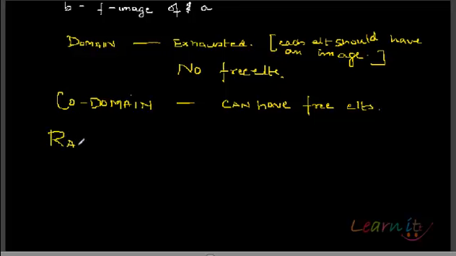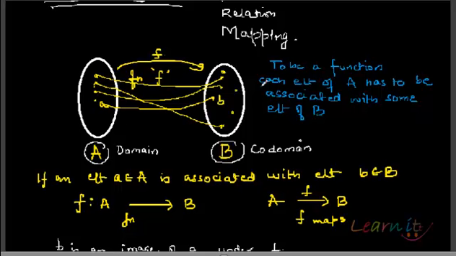Okay. So to be more precise, in a function you have something called range. Now range is essentially that subset of codomain which consists of only the images. So the set of all images is called the range.